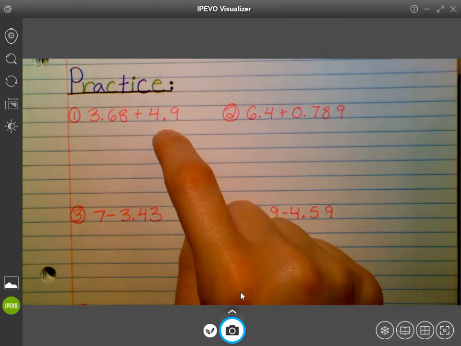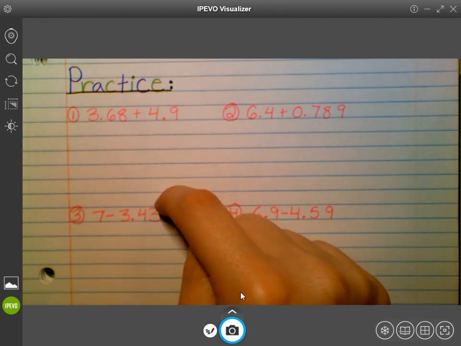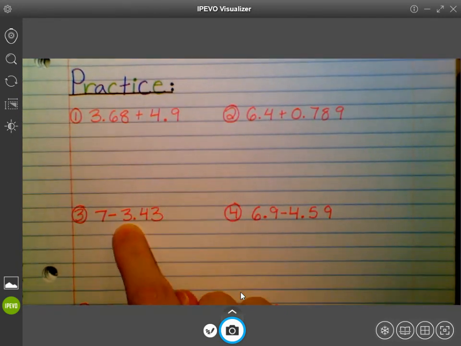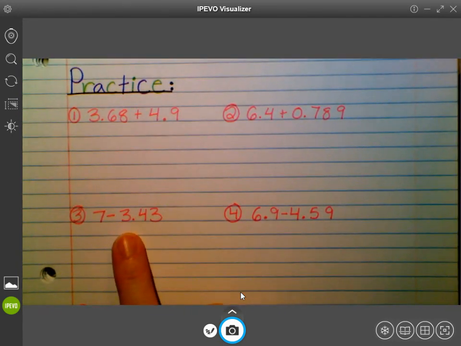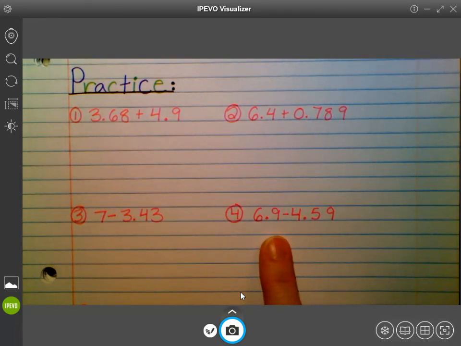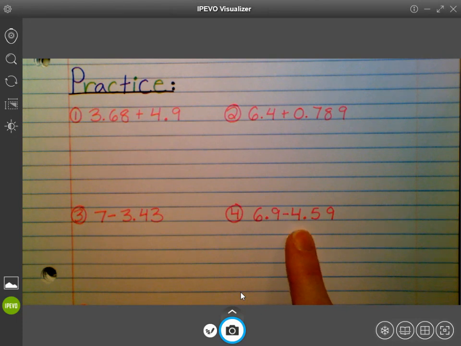I skipped 6 lines before I came down to 3 and 4. Number 3 is 7 minus 3 and 43/100ths. Number 4 is 6 and 9/10 minus 4 and 59/100ths.